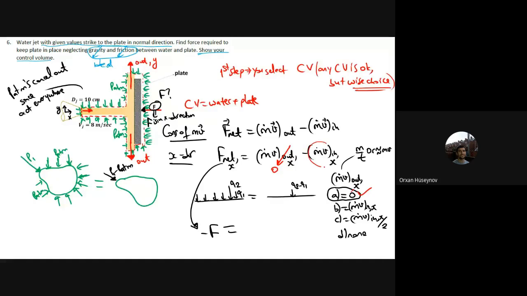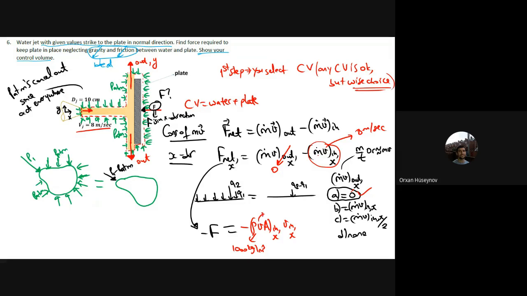Now comes m dot v in x direction. So I know the velocity at inlet, which is 8 meters per second. It is given. I can find the m dot, which will be rho v area at inlet, and the velocity at inlet in x direction. So rho is 1000, which is the rho of water.